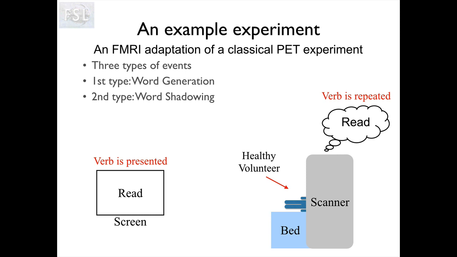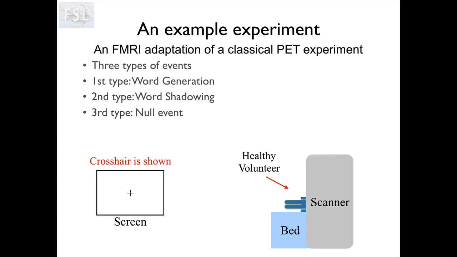Or read, the volunteer thinks read. The third type of event is a null event, and I'll mention later why null events are important. A null event is simply an event that isn't happening. The crosshair just stays on, and all the volunteer has to do is try and stay awake.